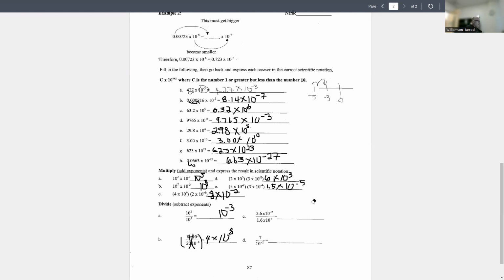And then here I have, I can break this up into 2 pieces. I can do this piece and then this piece. 5.6 divided by 1.6 will give me 3.5.